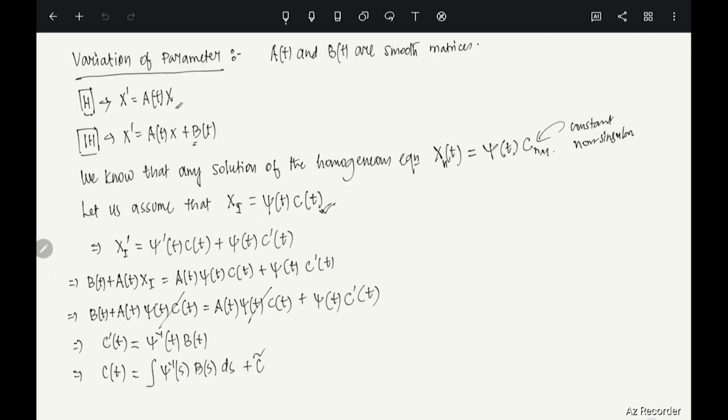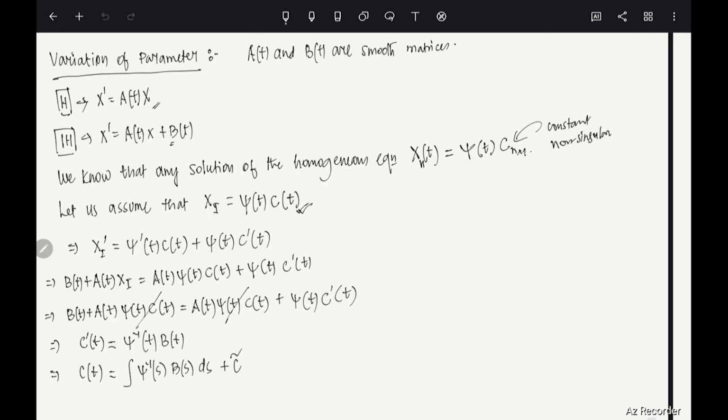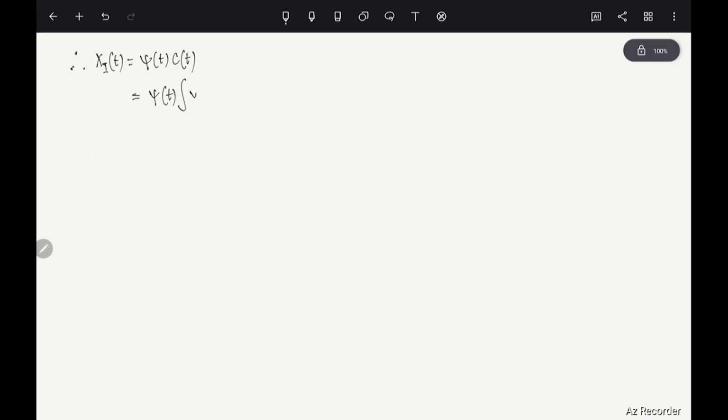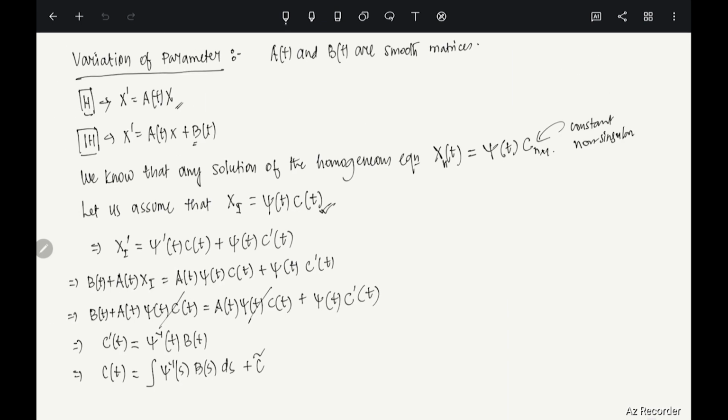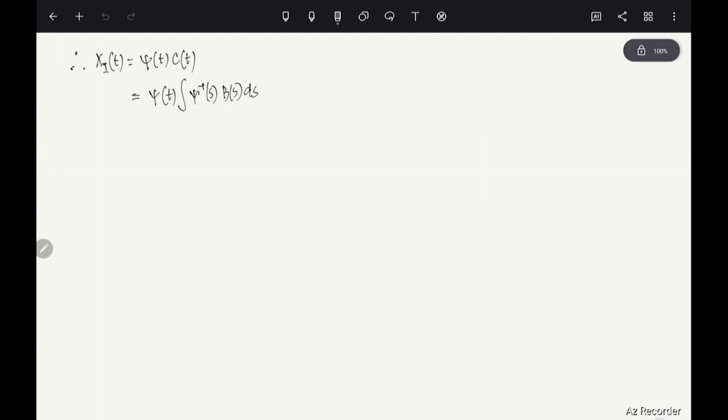We got it to be the integral of phi inverse of s, b of s ds. Clear? Now I can write down this c tilde, or I can just integrate it between t naught to t and then move this c tilde. So let's put it this way, make it t naught to t. Now this is a solution of the inhomogeneous problem.